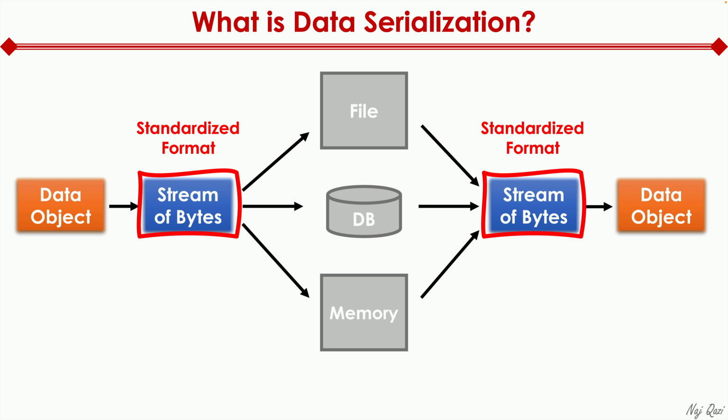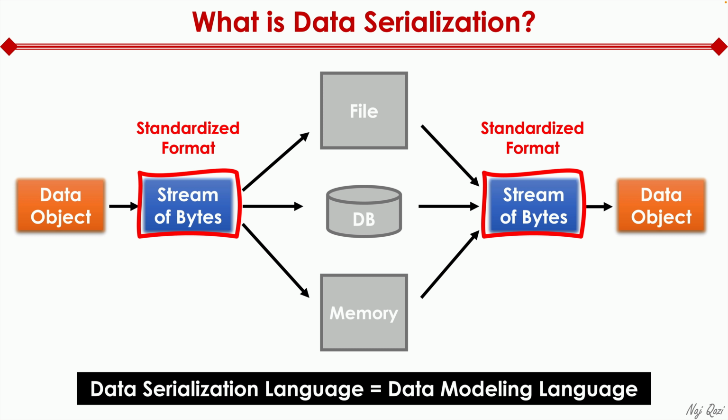And a couple of additional terms that are related to data serialization. There's a term called deserialization, and it's the opposite of serialization. So here what we're doing is we're creating an object from a stream of bytes. And some additional terms you're going to come across as you read through different texts, different books, could potentially be data serialization language.